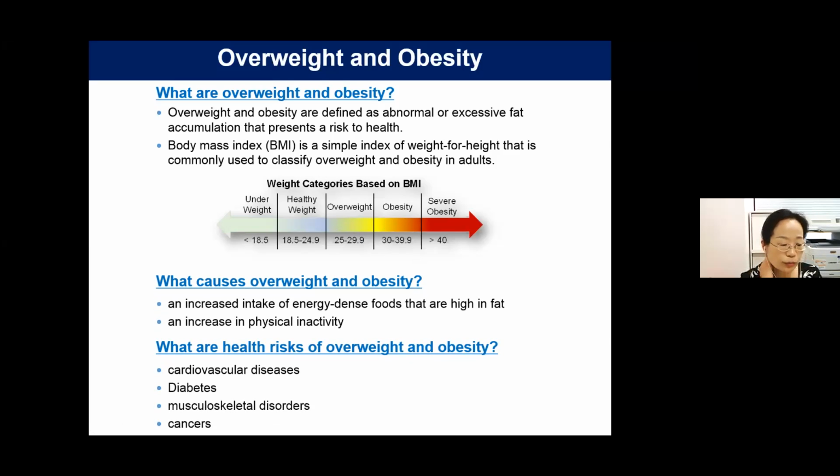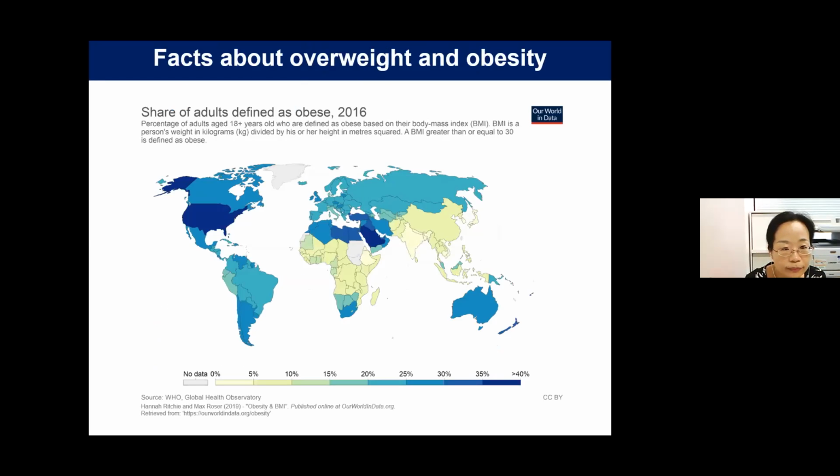The causes of overweight and obesity are increased intake of energy-dense foods that are high in fat, or an increase in physical inactivity. The health risks of overweight and obesity include cardiovascular diseases, diabetes, musculoskeletal disorders, cancers, and so on.